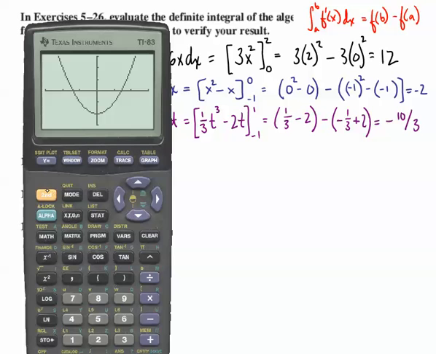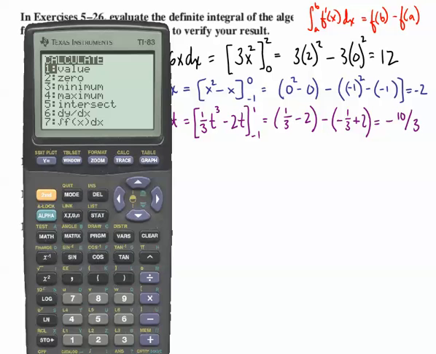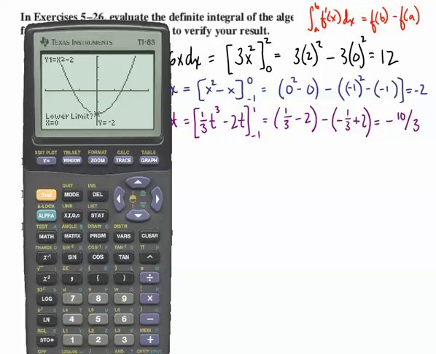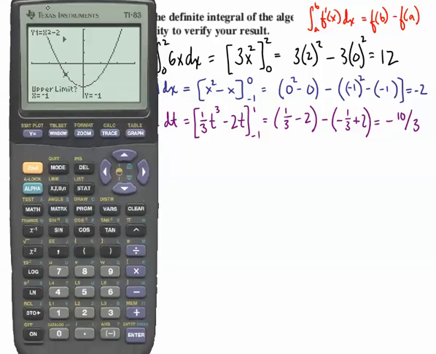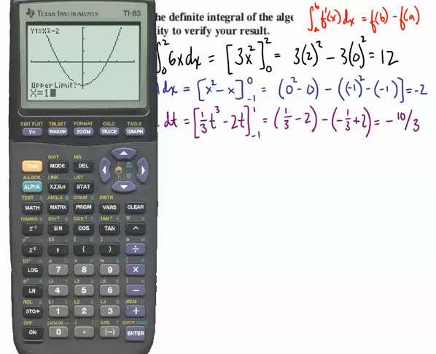Alright, so now we want to go to second, trace, which is our calc function. Option number 7, find an integral from negative 1, so I have to put a negative symbol there, not the minus symbol, to positive 1. And that shades in, and you can see that's negative 3 1/3 or negative 10/3.